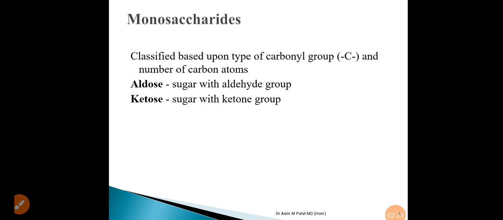Now, the first thing is about the monosaccharides. They are classified based upon the type of carbonyl group and number of carbon atoms. So, these monosaccharides are again classified into aldoses and ketoses. Aldoses are the sugar molecules with an aldehyde group, and ketoses are the sugar molecules with a ketone group.